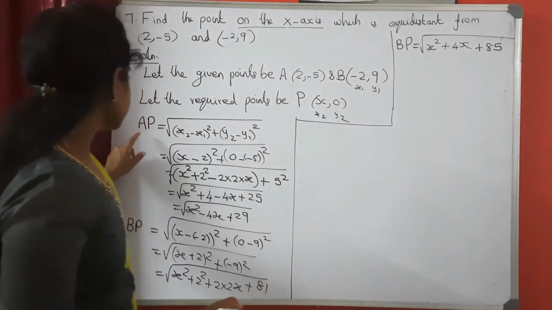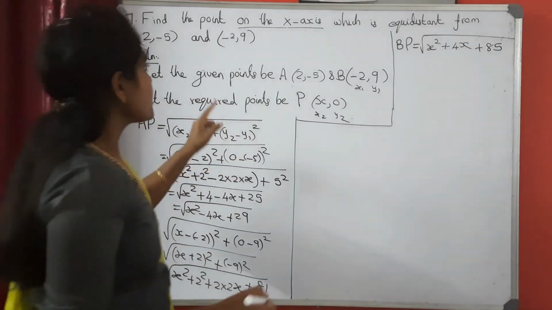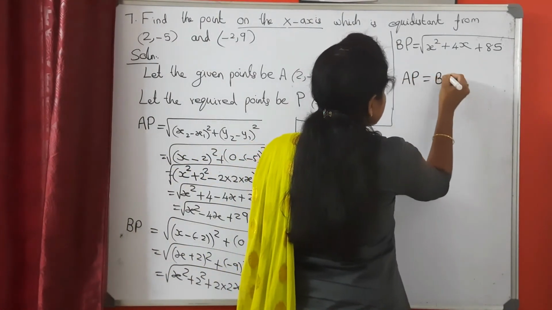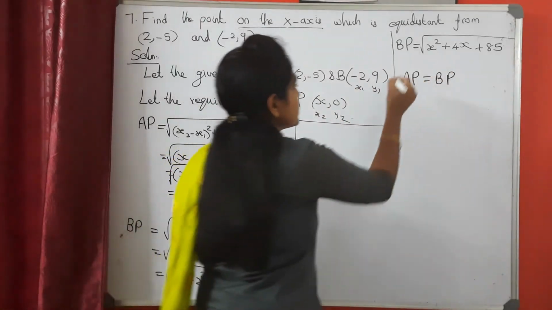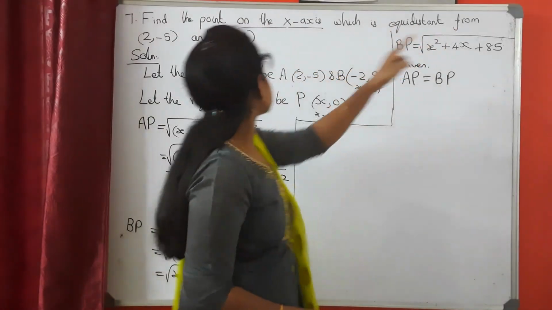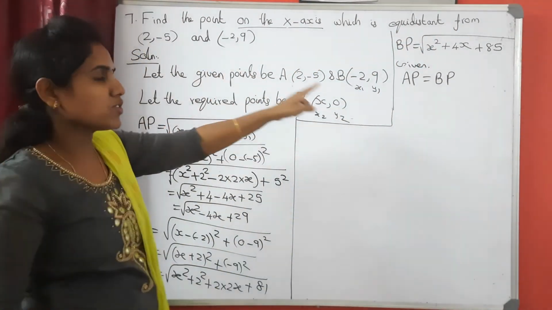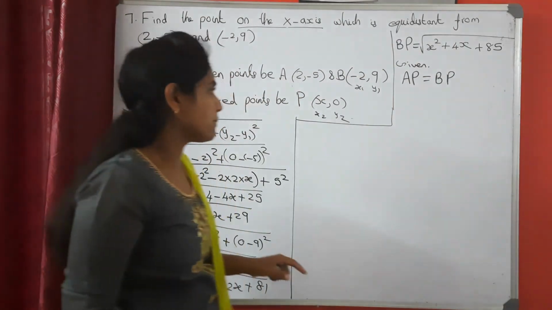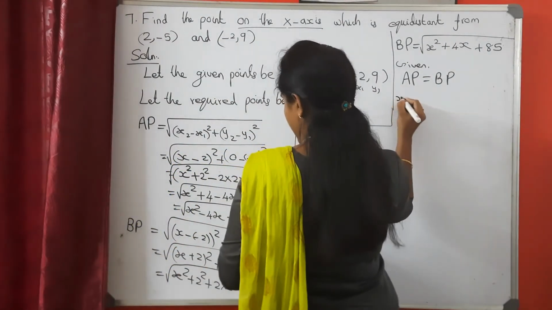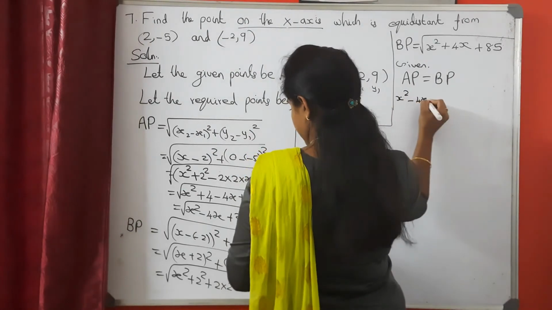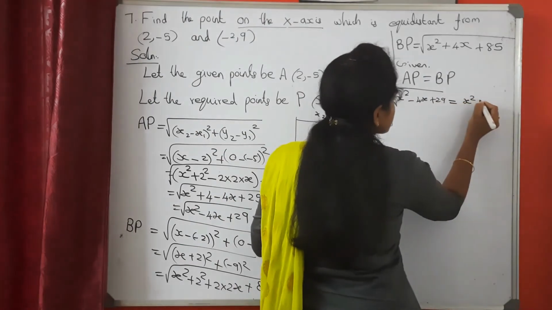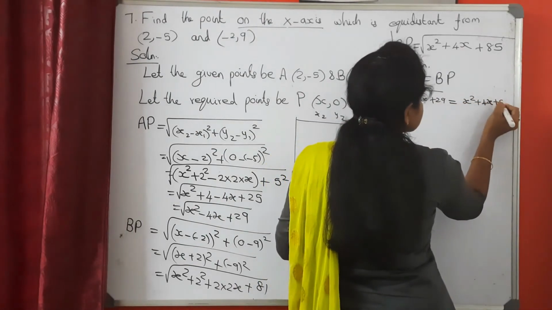So we have AP and BP, and in the question they have given AP equal to BP. Why? They have given that the point is equidistant from the 2 points. So we can say AP equals BP. Then you just equate the values. Root of x square minus 4x plus 29 equals root of x square plus 4x plus 85.